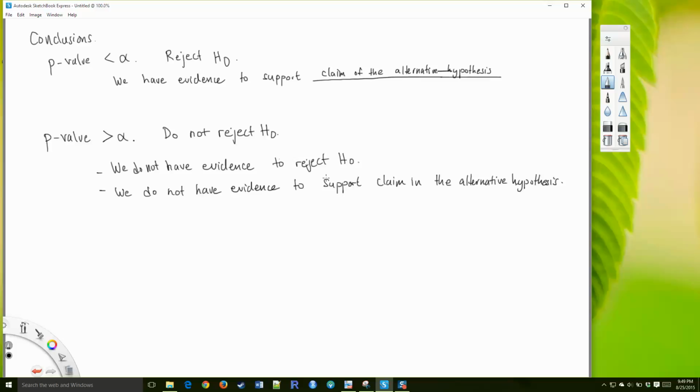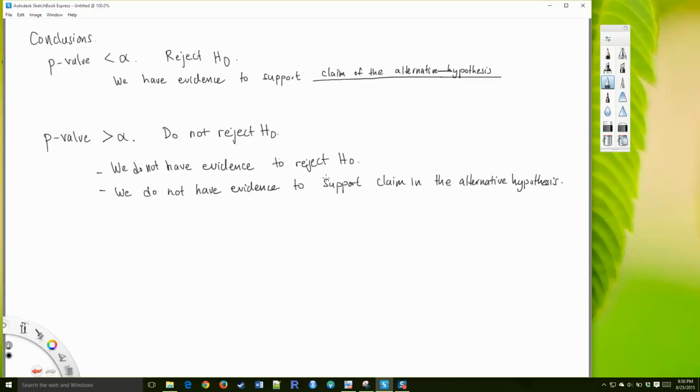Does that mean we have evidence to support the null hypothesis? No. Not rejecting the null is always associated with not having evidence. You can never say I've chosen not to reject the null, therefore I have evidence for this.